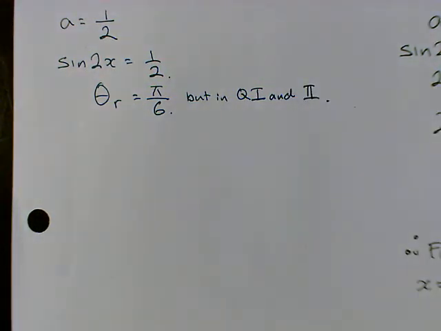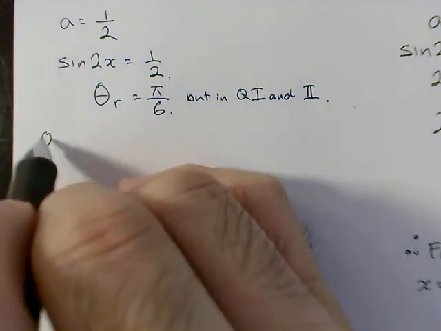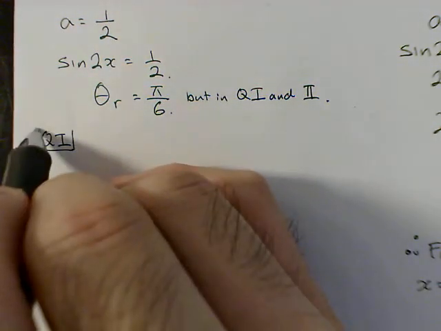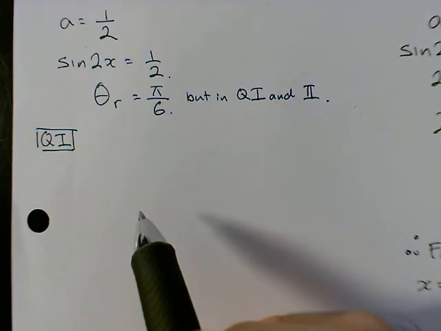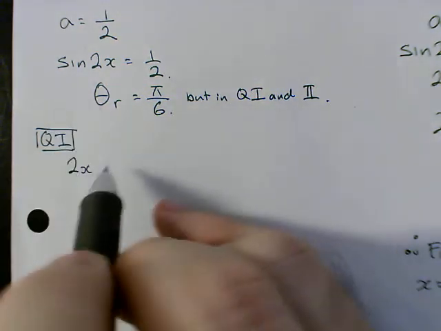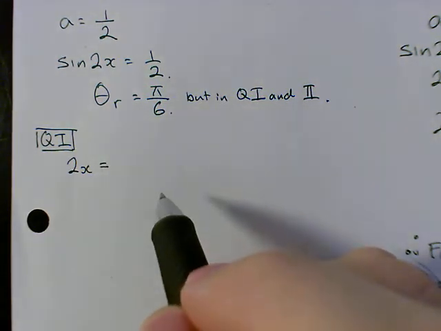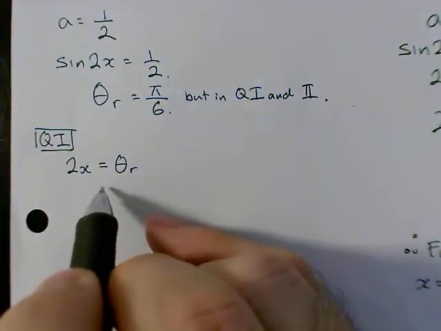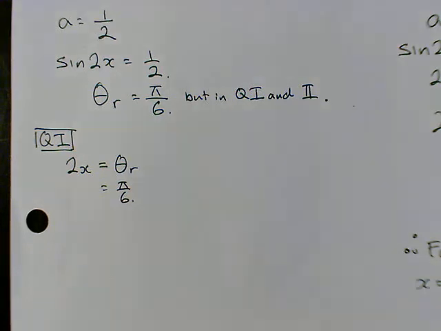So we're going to have two cases here. Let's pretend we're in quadrant 1. Since the related angle is pi over 6, 2x is going to be equal to pi over 6.